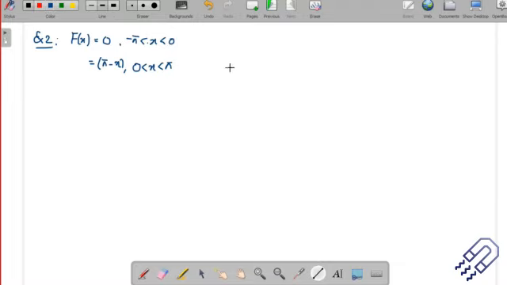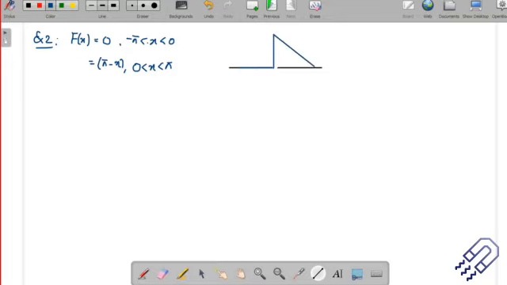So how do you represent this function in a graph? Maybe this is the x-axis, and maybe this is minus pi to plus pi. Just draw it like this, and then this is pi minus x. It is basically in the form y = mx + c, having a negative slope.